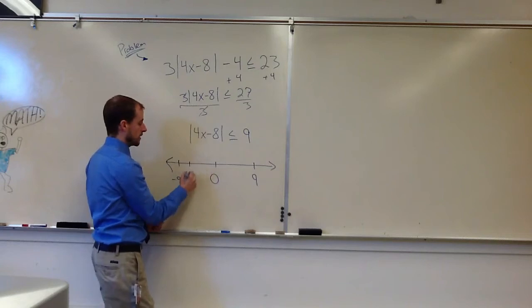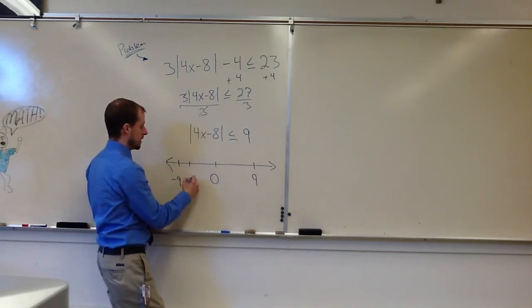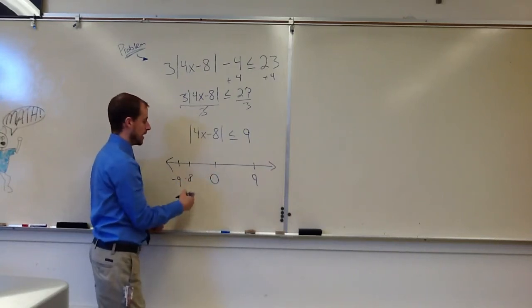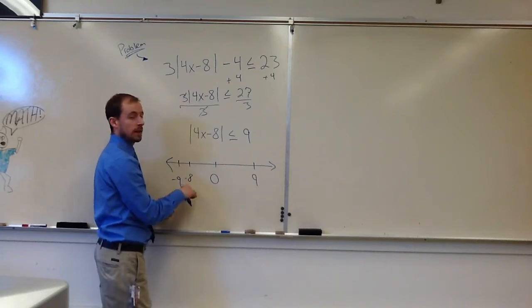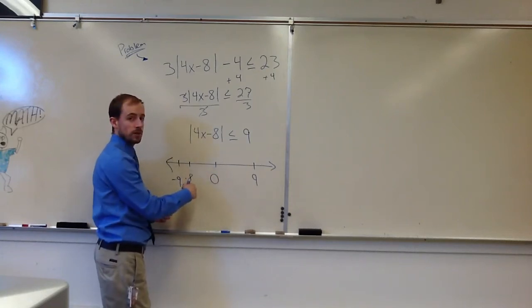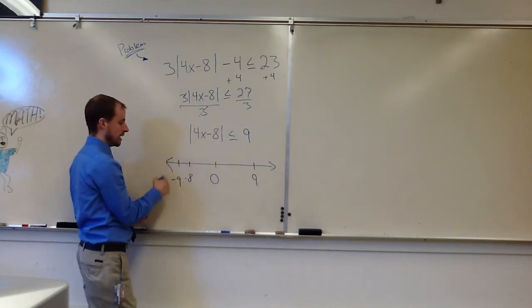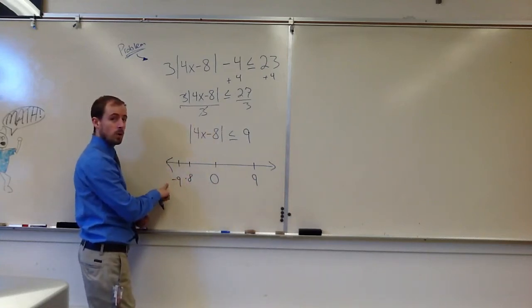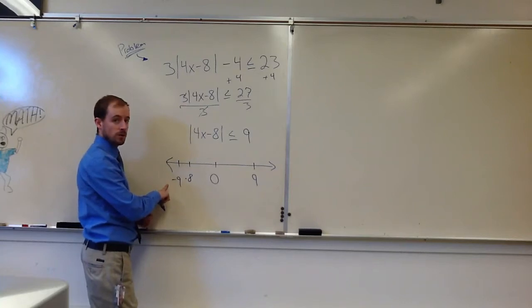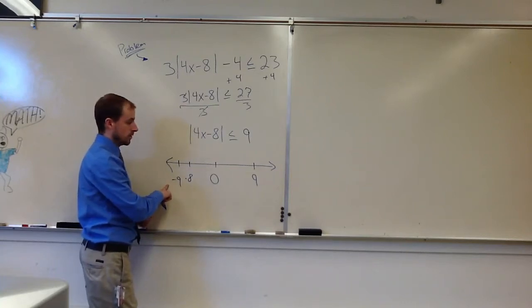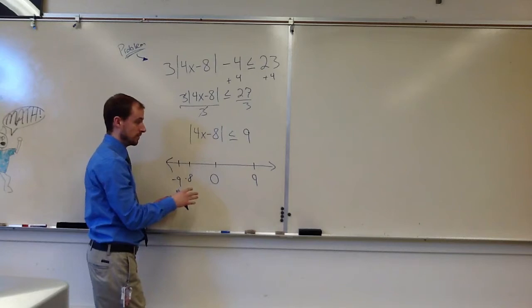Let's say it was negative 8. That would be less than or equal to 9 away from 0. It gets confusing when we deal with the negatives. Negative 10, for example, would be more than 9 away from 0. Okay? So take a second to digest that.